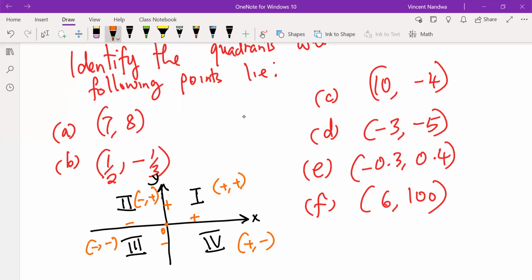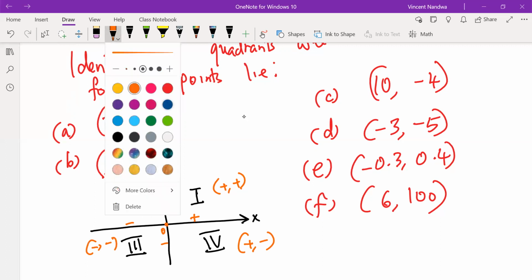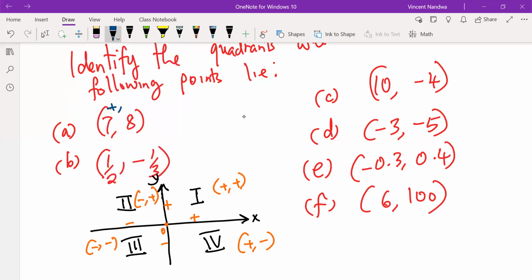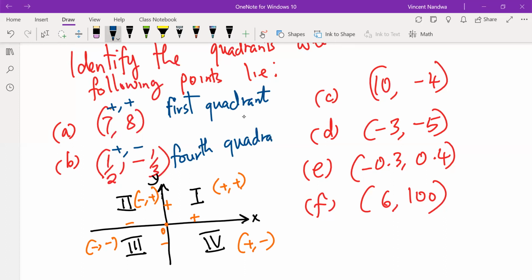So what matters to identify the quadrant of a point is the signs of the numbers for x and y. So 7 is positive, 8 is positive. So we have the case plus, plus. So this is the first quadrant. Positive, negative is in the fourth quadrant. And then this is positive, this is negative.